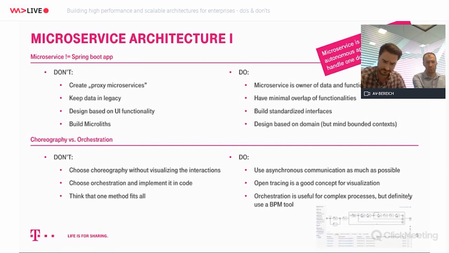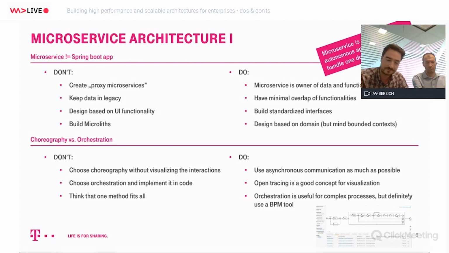They function as, let's say, individuals with a set of rules by which they talk to each other, but there is no central microservice orchestrating them. In orchestration, you have a central entity that is telling the other microservices what to do.